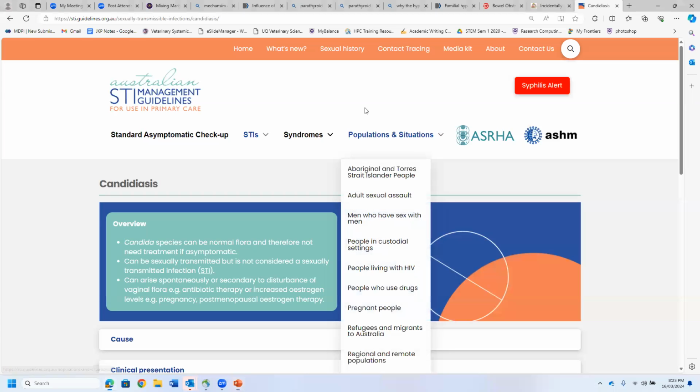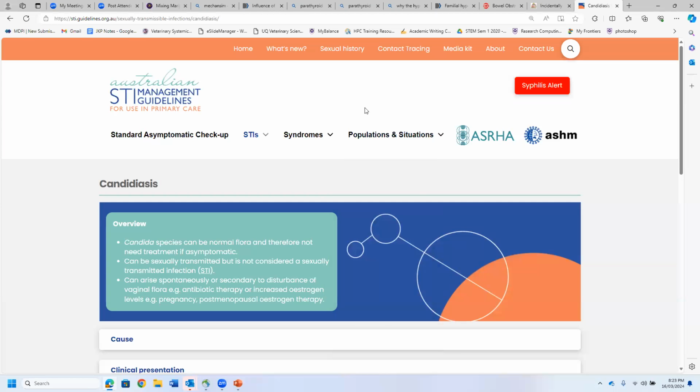Okay, so for the STI guidelines, sexually transmitted infection, always go to STI Guidelines Australia. It has everything you want for your exam. Every sexually transmitted infection is written over here.